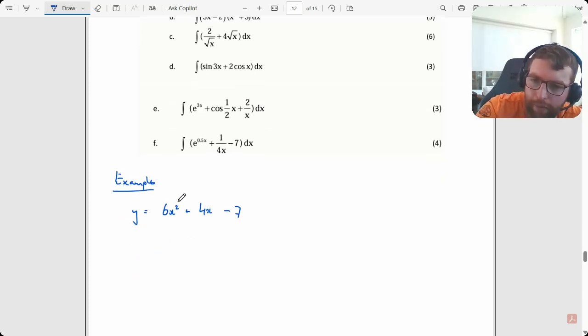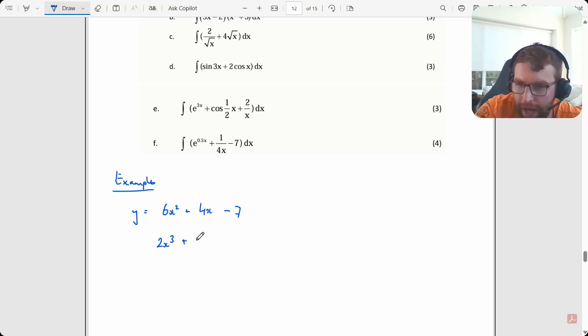So integrating that, we add a power on, so that goes to 6x cubed, but then we divide. So 6 divided by 3 is 2, and then x cubed. So we've added 1 and then divided the 6 by 3. Here we've got 4x to the power 1, so add 1 and then divide, so we get 2x to the power 2.